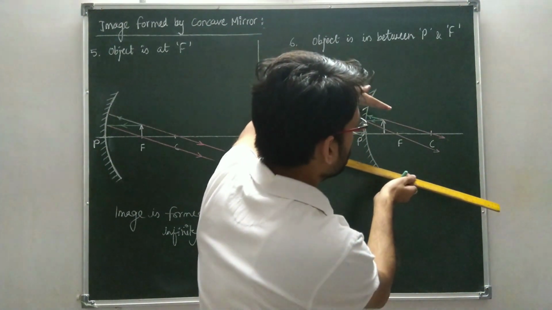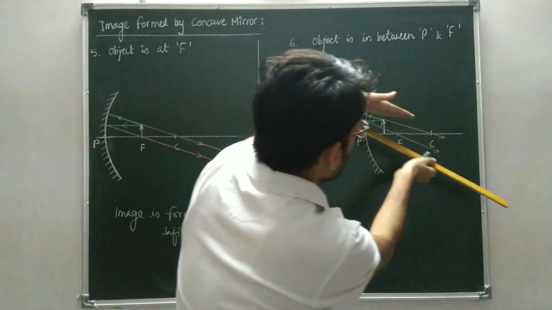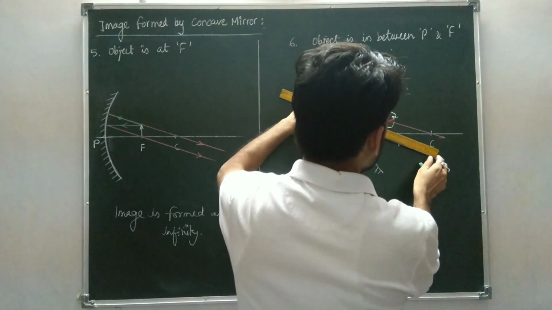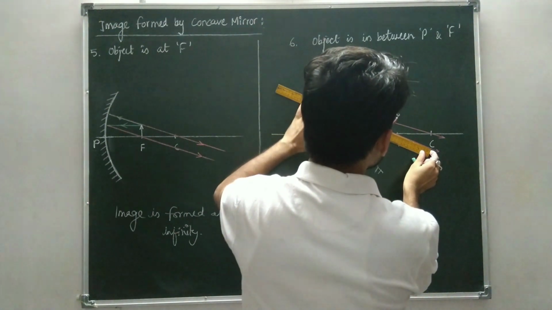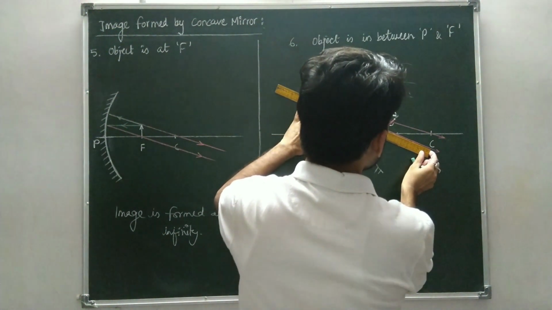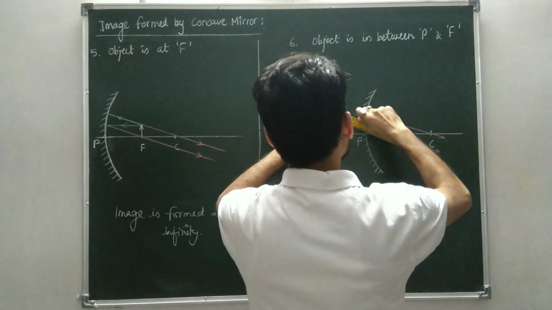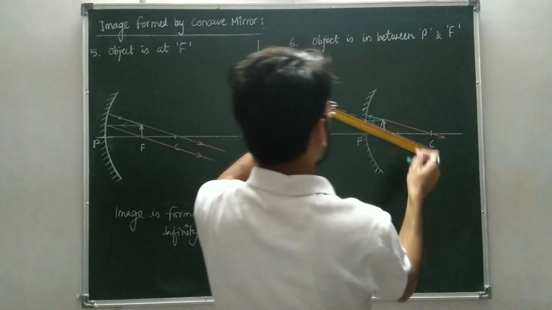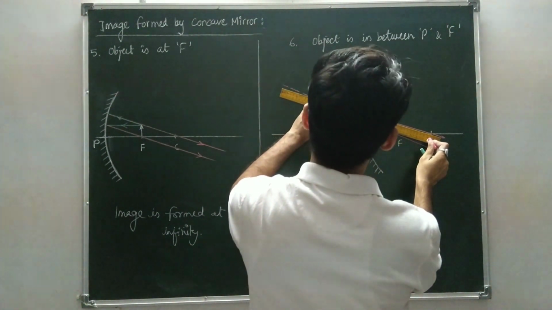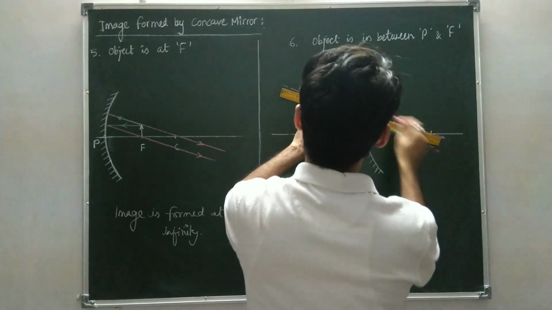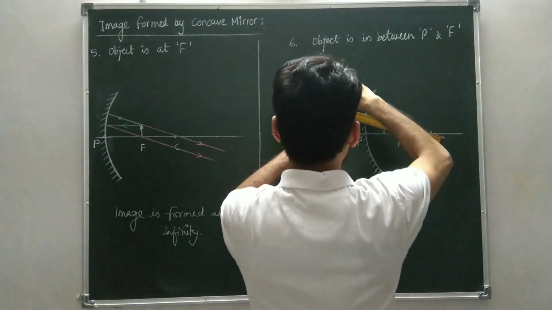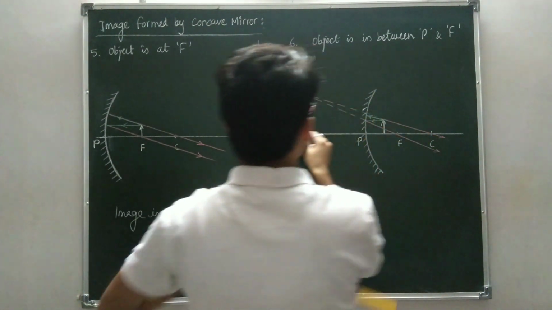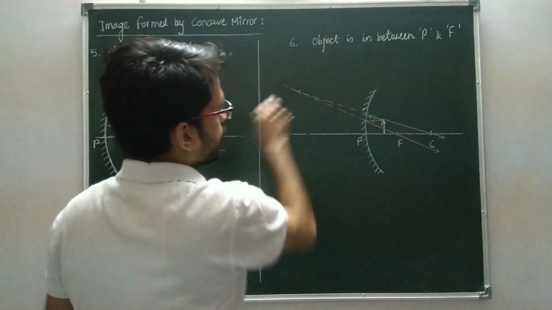Okay, so when you produce backward, they will meet at a point. Okay, when you produce these two reflected rays backward, then they meet here.